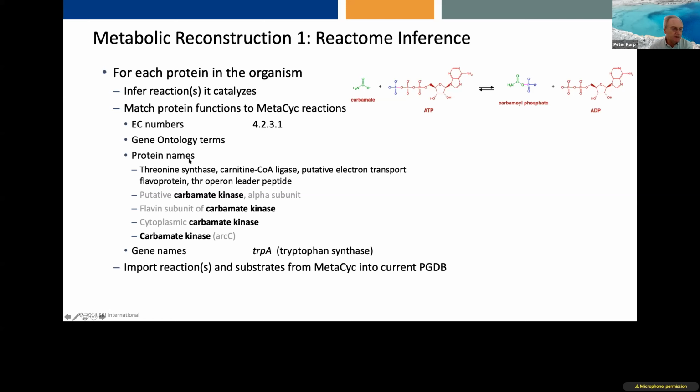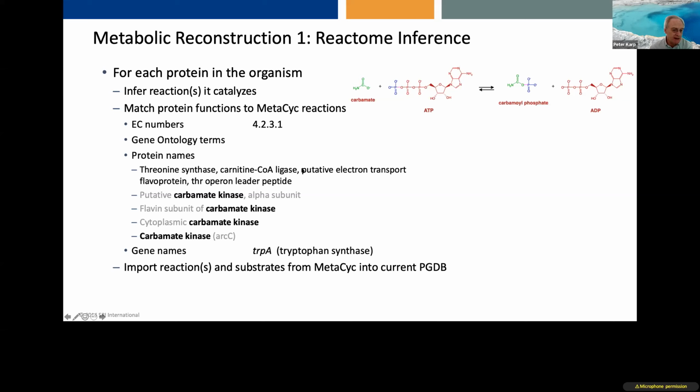And finally, the software considers protein names, enzyme names in the annotation. Enzyme names like threonine synthase, carnitine-CoA ligase will map. Metacyc has a large number of enzyme synonyms. So we can simply look up these names in Metacyc and they will map to a metabolic reaction.